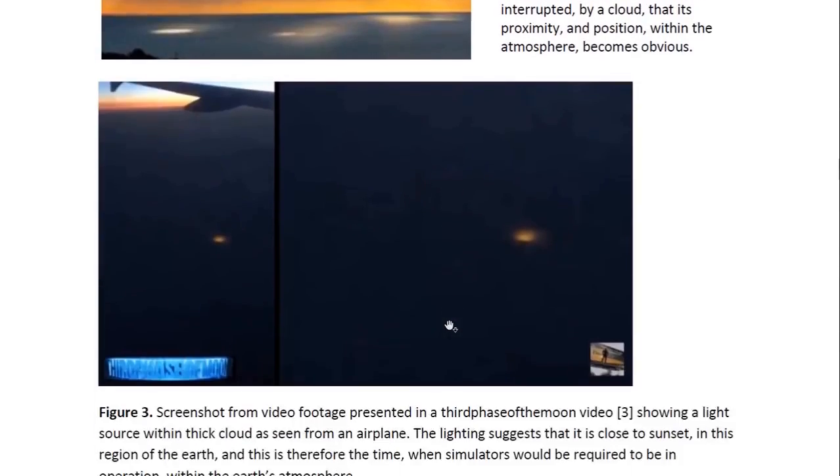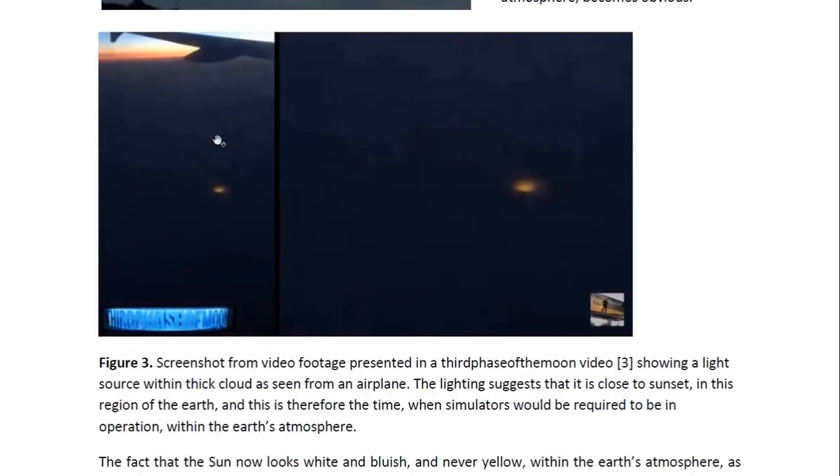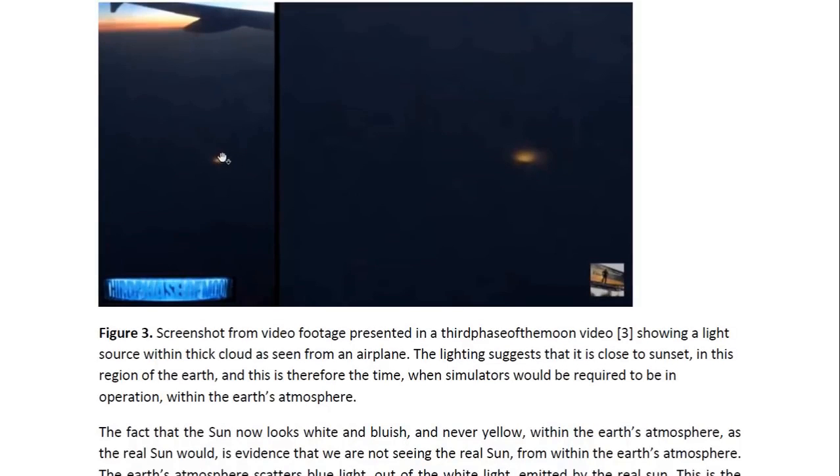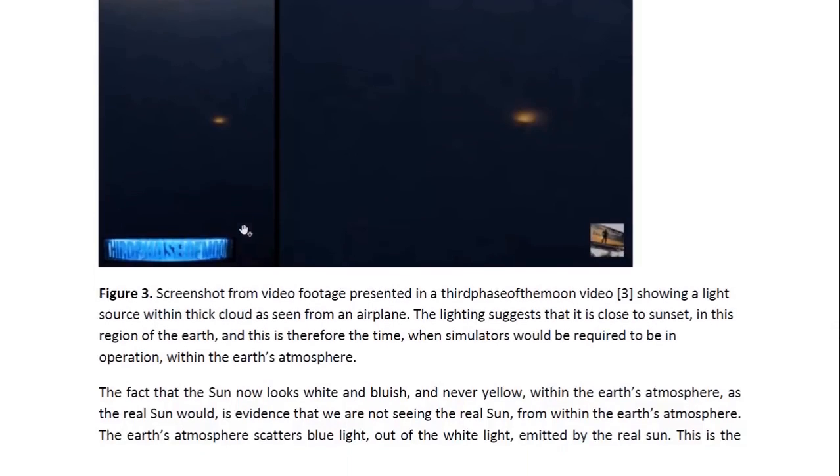Now, third phase of the moon put out this video where a cloud below an airplane is being videoed. So this is video footage from an airplane. You can see light from within the cloud, which actually looks very dark. So it's clearly very likely that it's not being properly illuminated from the top of the cloud.